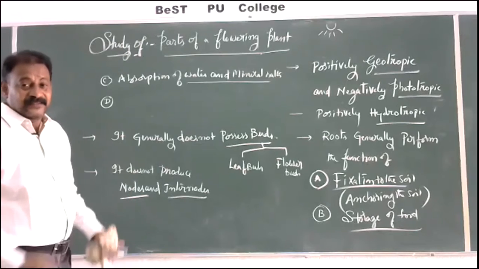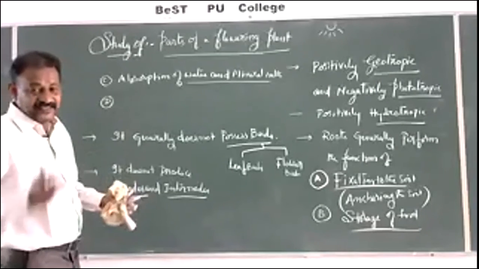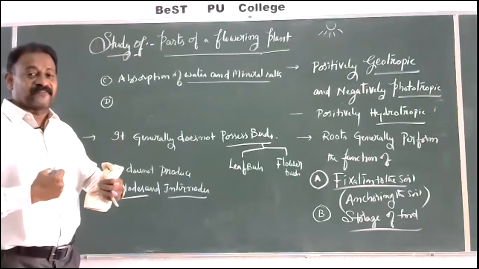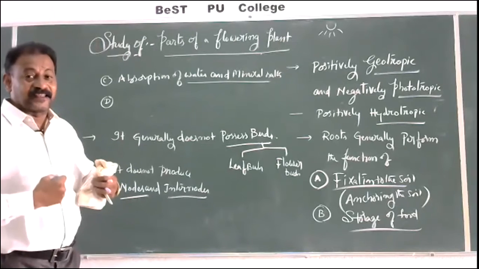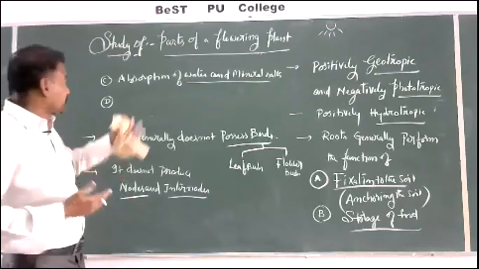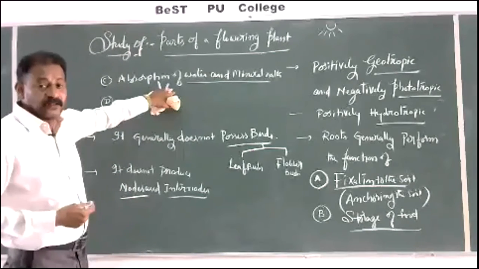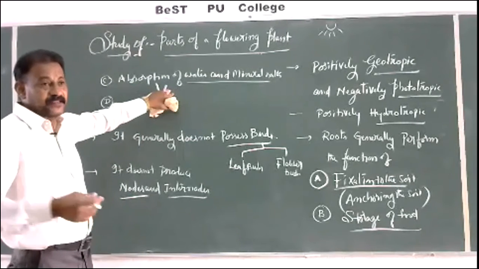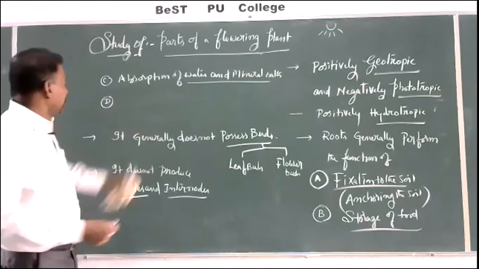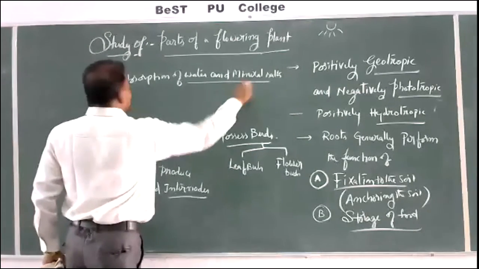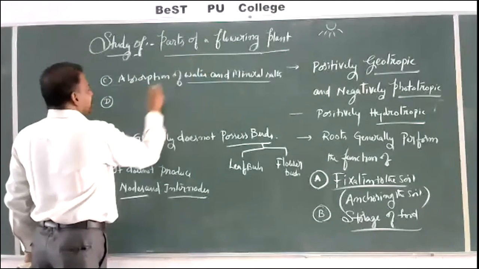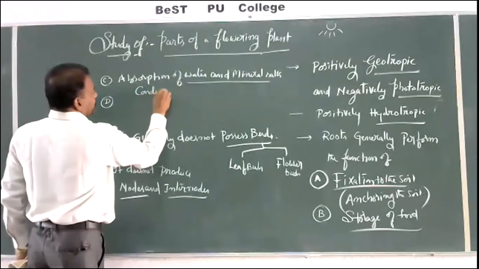Fourth, it has to conduct. After absorbing the water and minerals, it has to pass them on. If the root is not capable of supplying, this part is called conduction. Absorption and conduction, most of the books are not going to discuss this part generally. Absorption of water and mineral salts, conduction of the same to the upper parts.